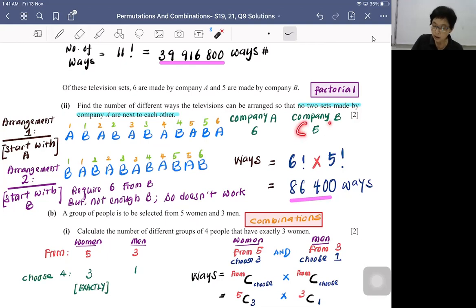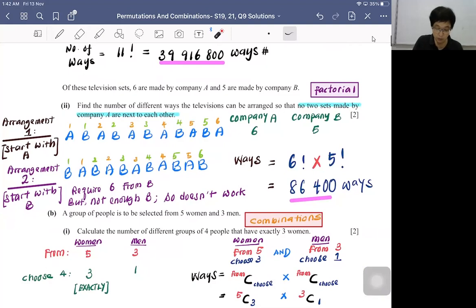Looking at the availability of television from company B, you note that you do not have enough choice from the televisions of company B. Therefore, this arrangement has to be discarded because it doesn't work. All right?